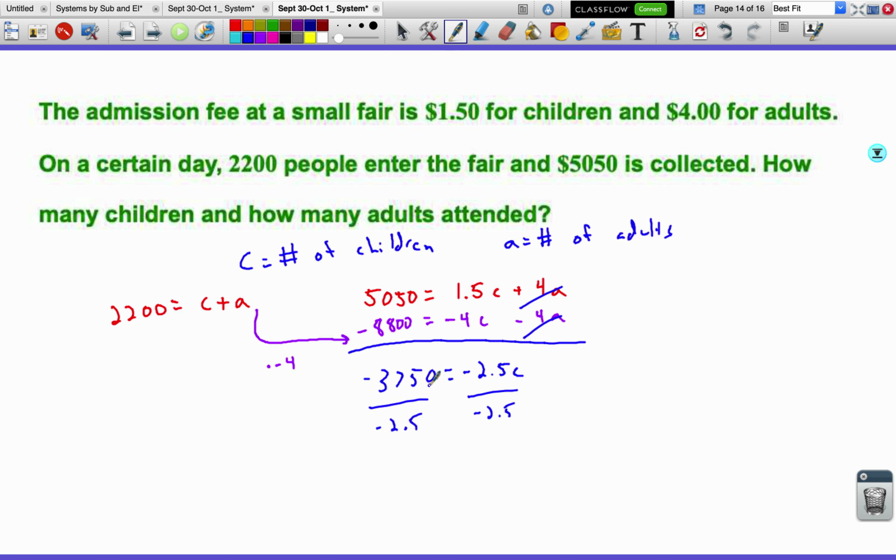I get exactly 1,500, which makes sense to me. Given that there's 2,200 total, 1,500 of them were children, and that means that there must have been 700 remaining to be adults. So 700 equals A.